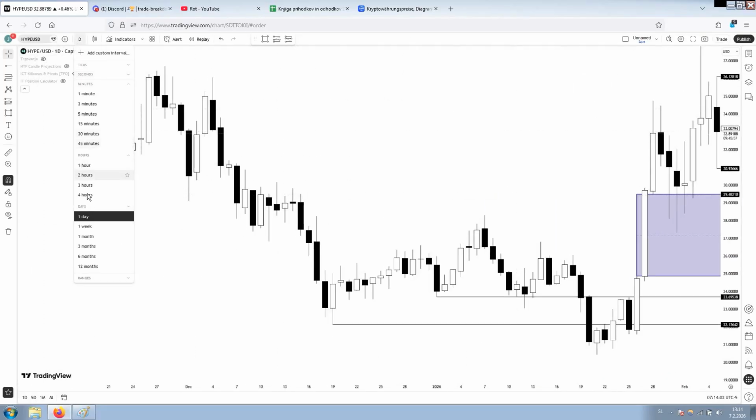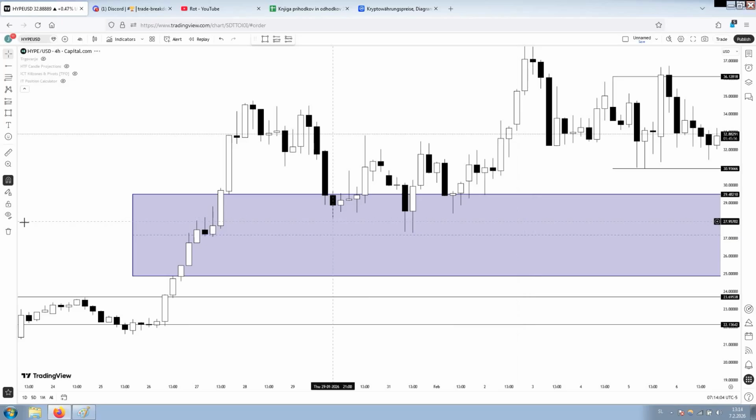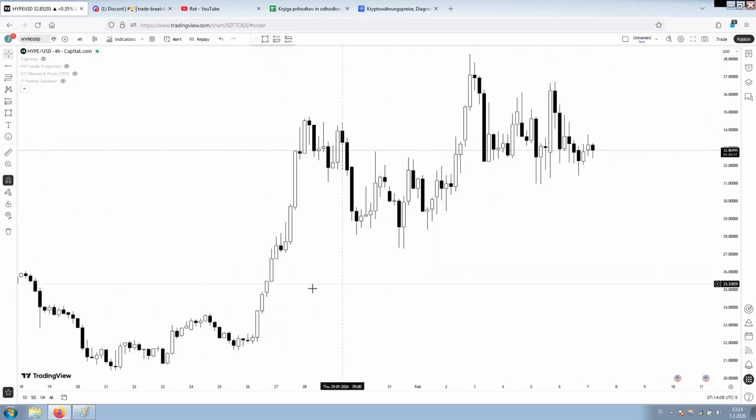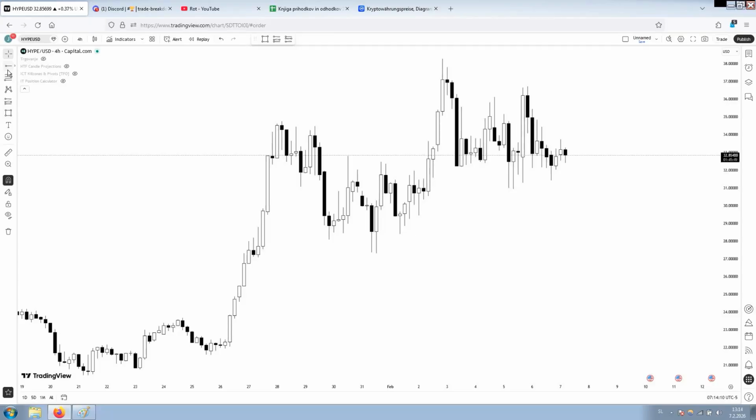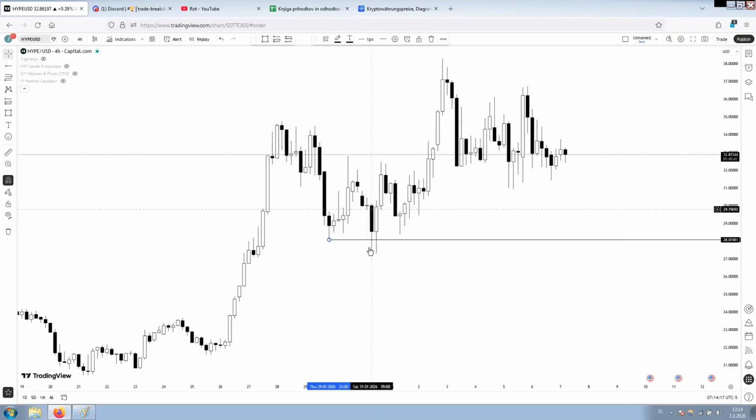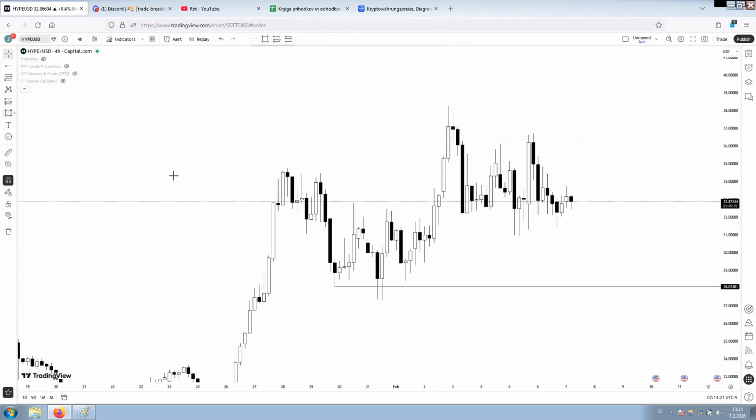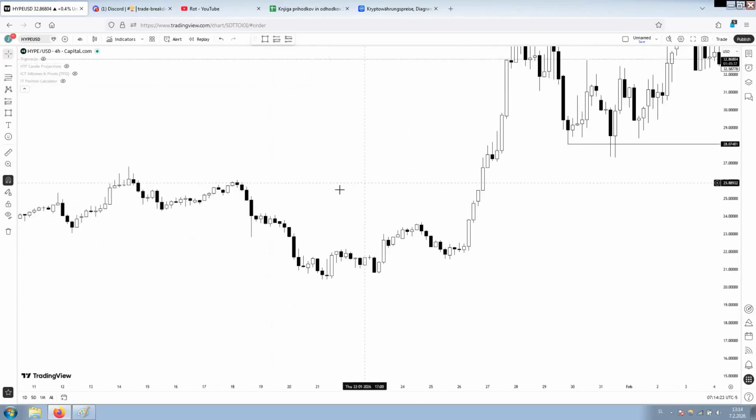Okay, so now let's go to the 4 hour chart, for example. Let's delete all of this and let's identify liquidity sweeps. Look, here we have immediately one. This is a low, a move down and a move up, that's a low. What do we do? We sweep liquidity and we continue higher. Okay, then what else do we have?